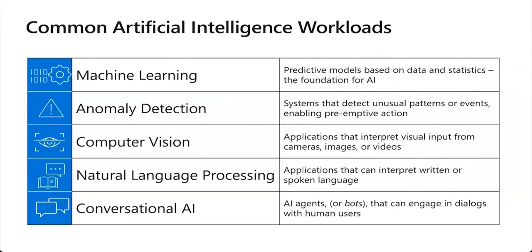The program then uses computer vision to assess the damage. Then it might also apply a machine learning model to predict the amount of repair costs associated with it. And finally, the bot could be using some form of anomaly detection to identify potentially fraudulent claims. So in this entire solution, it uses a lot of different workloads.